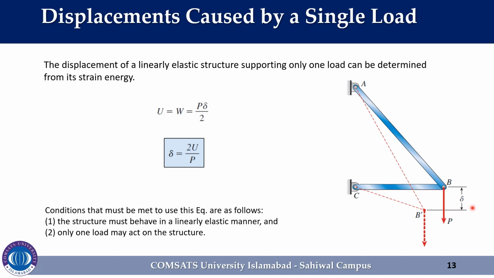Furthermore, the only displacement that can be determined is the displacement corresponding to the load itself. That is, the displacement must be in the direction of the load and must be at the point where the load is applied. Therefore, this method for finding displacements is extremely limited in its application and is not a good indicator of the great importance of strain energy principles in structural mechanics.